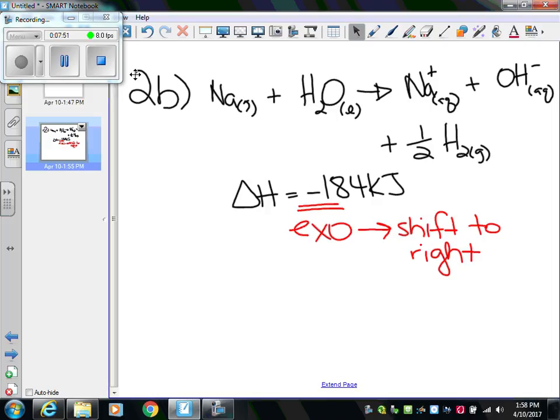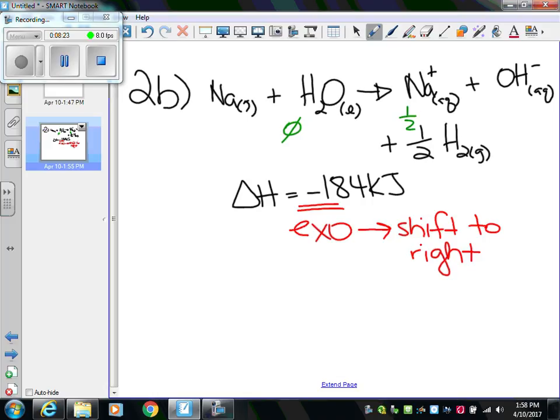You have a half H2 on the right there. Okay, there's a slight amount there. On the left hand side there's 0, but on the right there's a half. Okay, so products have more moles.